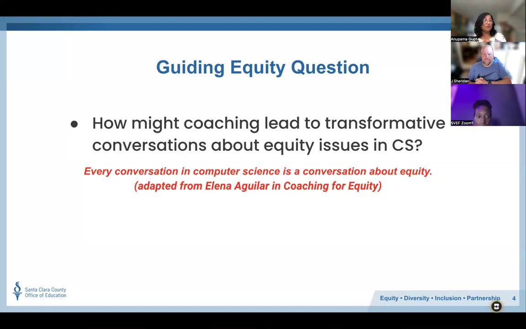When we talk of transformational conversations, we are seeking to cultivate growth in those areas, and also seeking to center our work around change.